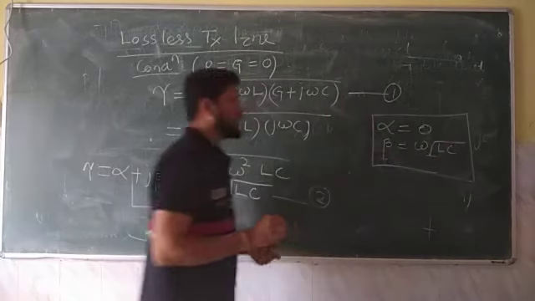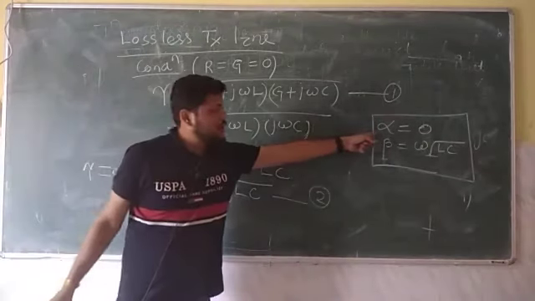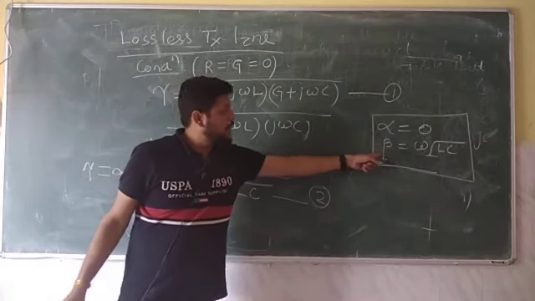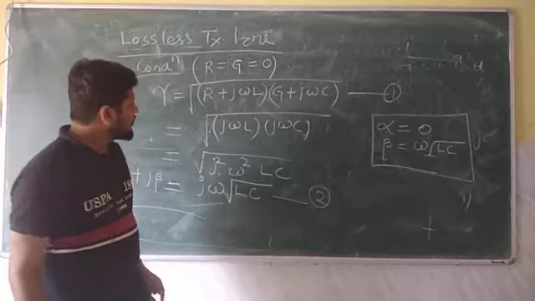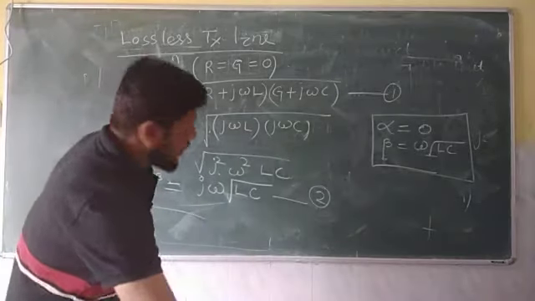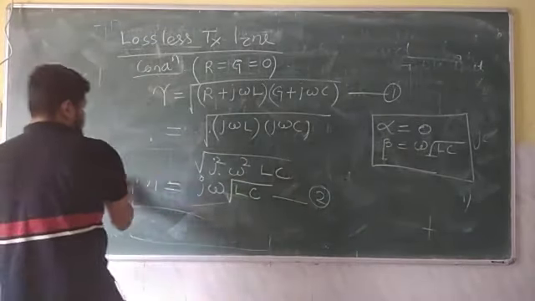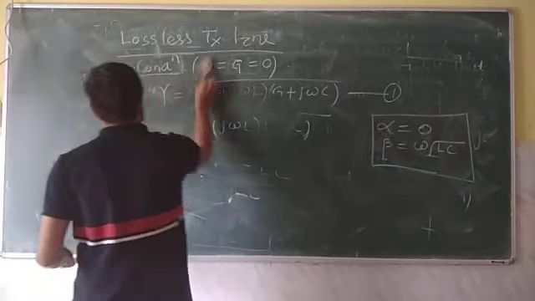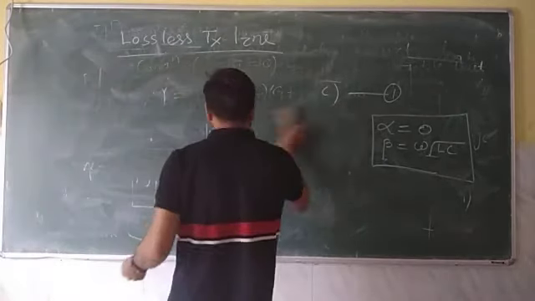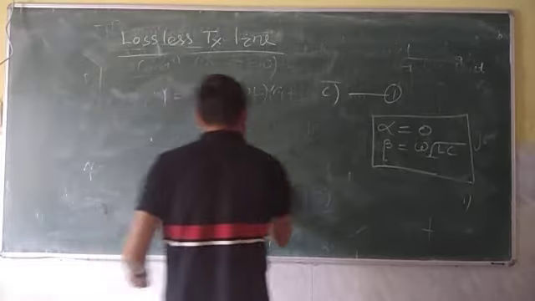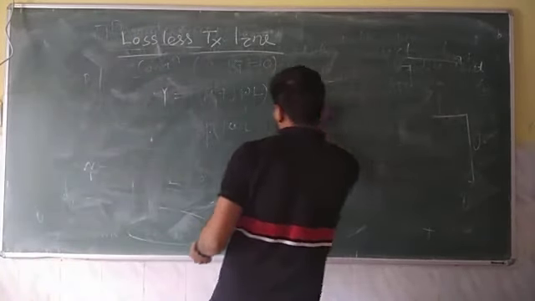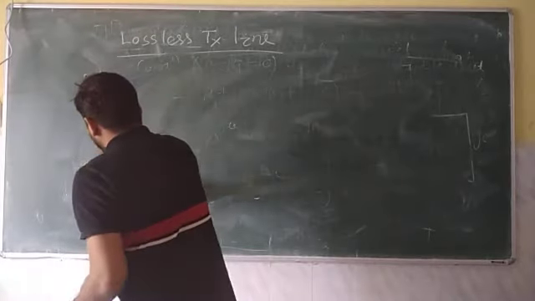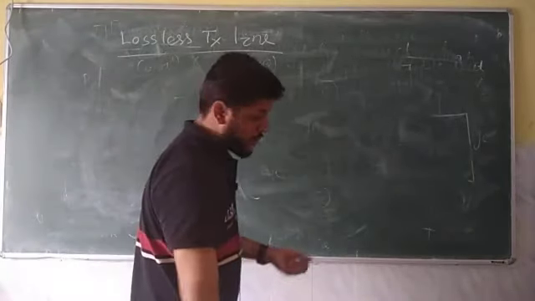So for a lossless transmission line, the attenuation constant is 0, but the phase constant is omega root over LC.